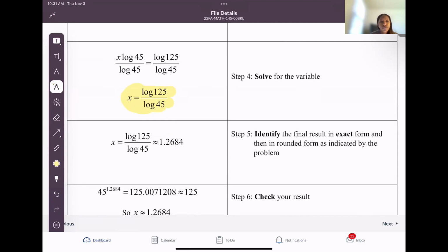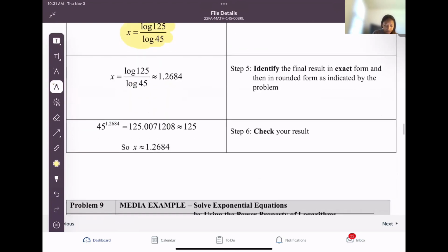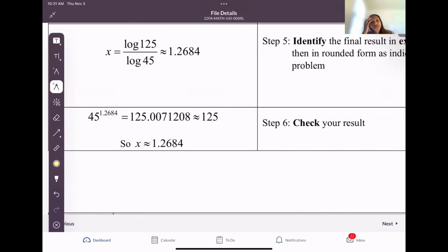If you take 45 and raise it to the 1.2684 power, notice here it does not equal exactly 125. That's because we rounded that decimal. So when we plug it back in, our answer is going to be off a little bit. But it should be very, very close to 125, which it is. So this works out.